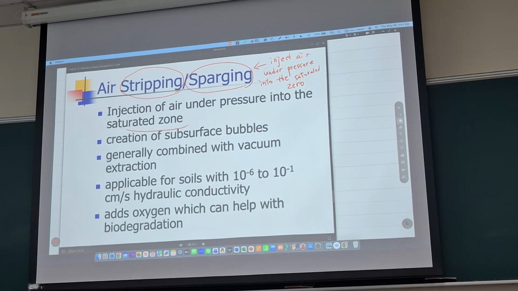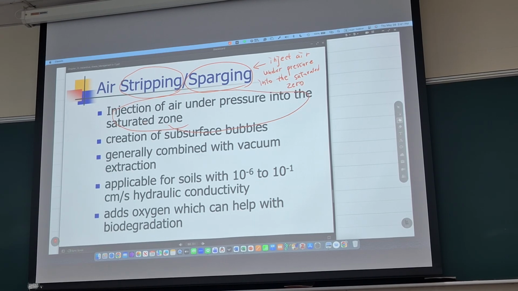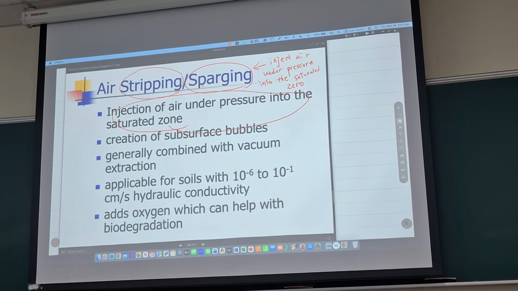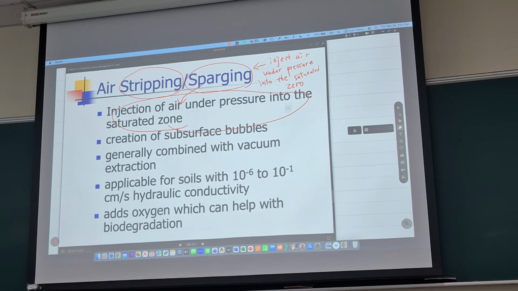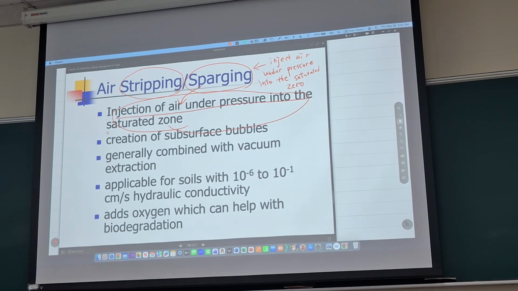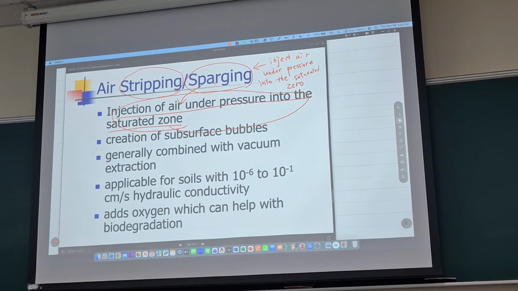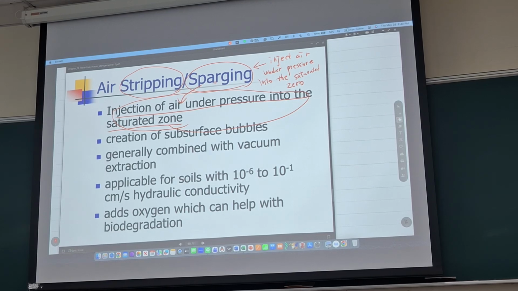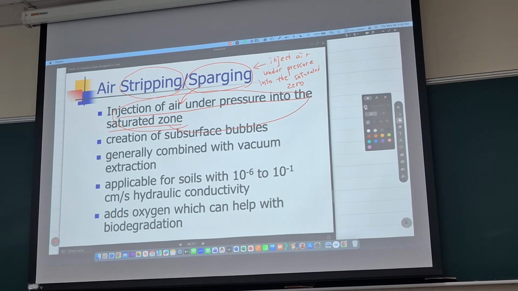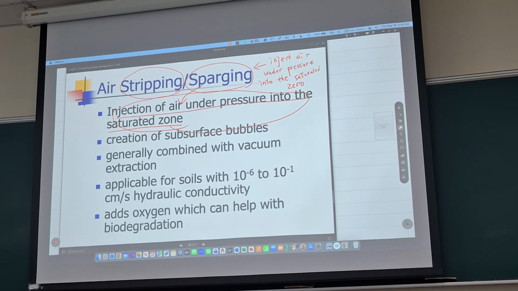Injection of air under pressure into the saturated zone, this is so-called sparging. I wrote it right down here. Sorry, I didn't see it. So you don't need to write this. The first sentence here means sparging: you inject air under pressure into a saturated zone. So next, I need to define what a saturated zone is.